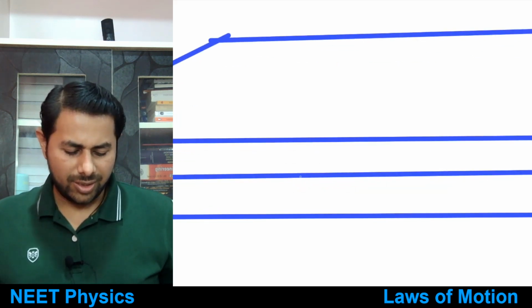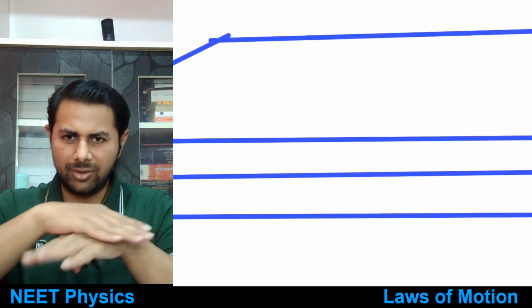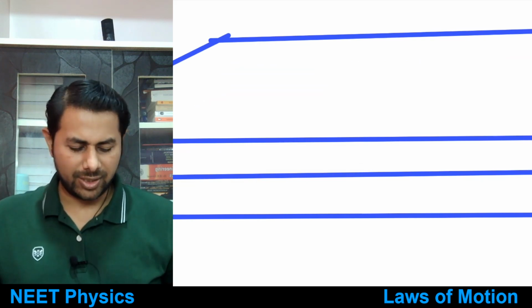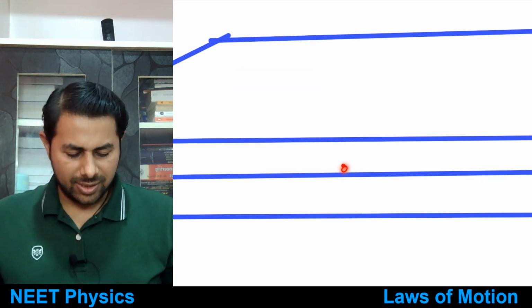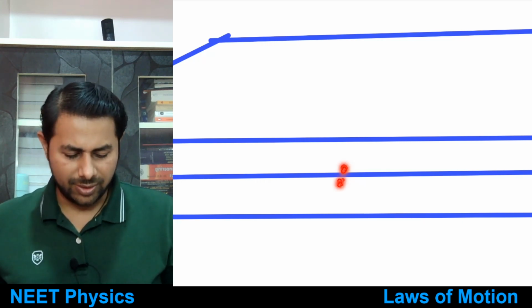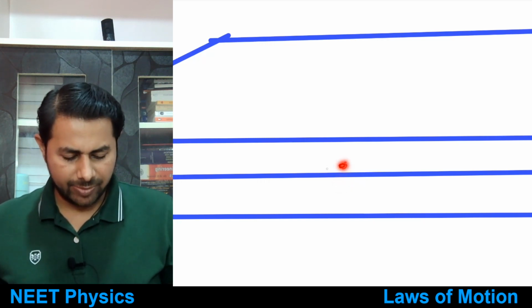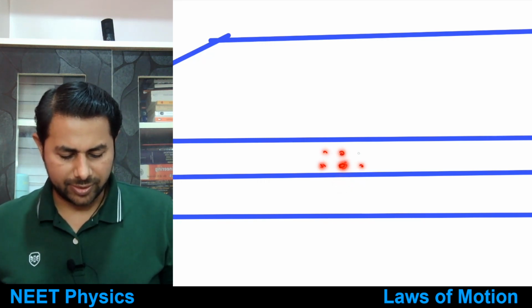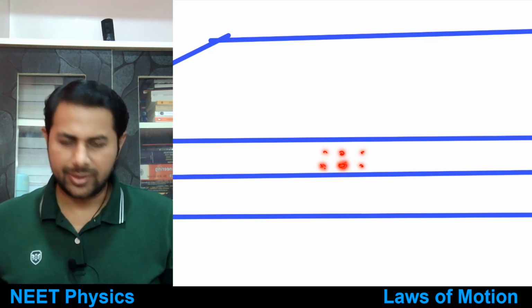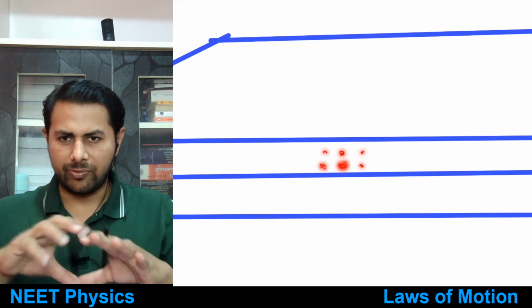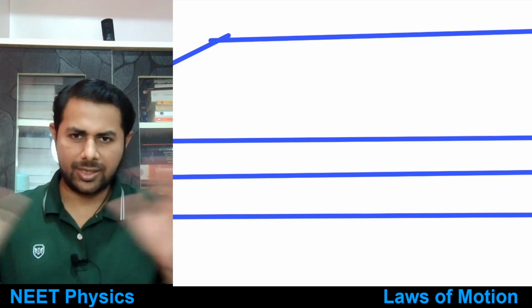Now these two surfaces will be in contact with each other. If you consider molecules at the edges, so this molecule and this molecule, they are experiencing force due to other molecules. These molecules are experiencing force due to the other molecules in their surroundings.